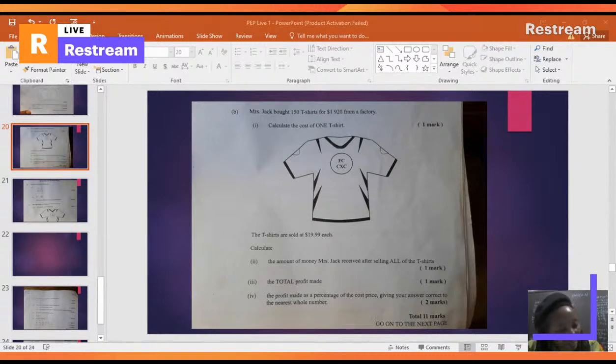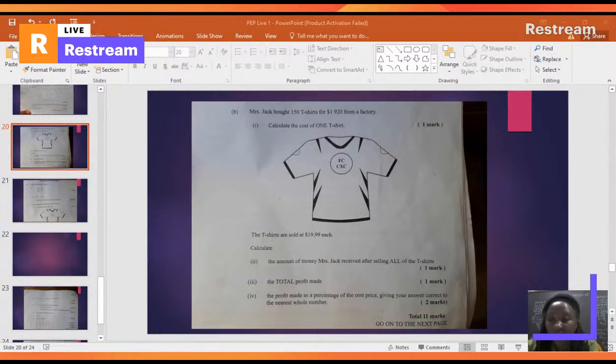The last part says the profit made as a percentage of the cost price, giving your answer correct to the nearest whole number. So they want us to put this profit over the cost price, the $1,920, times 100, because they want us to express it as a percent.